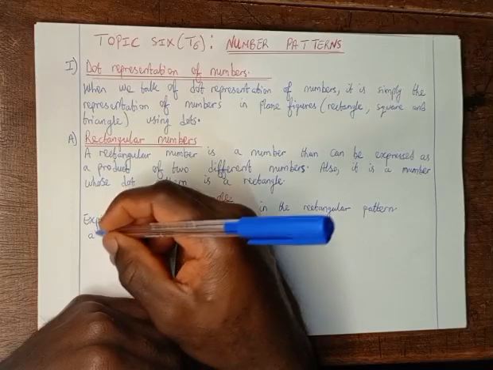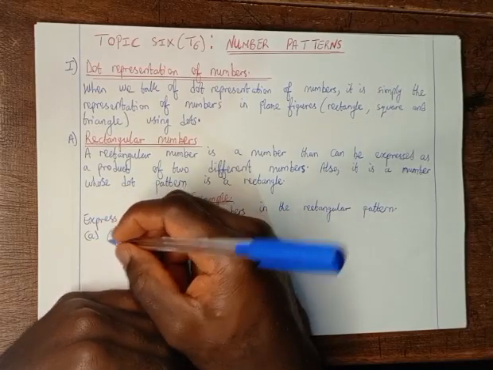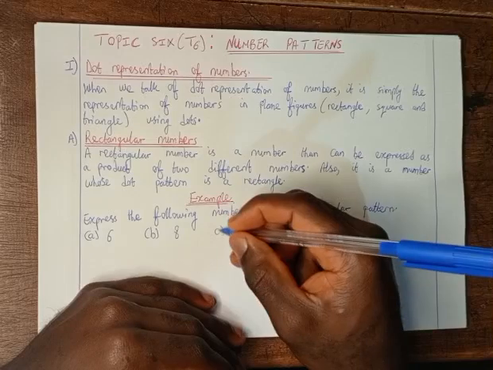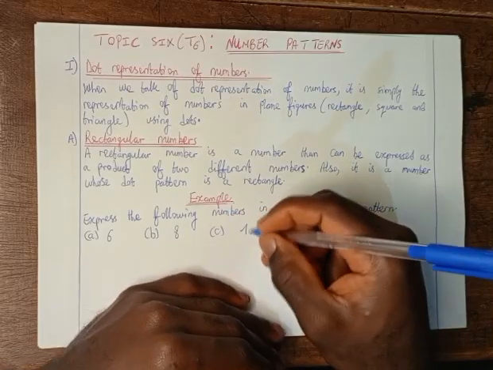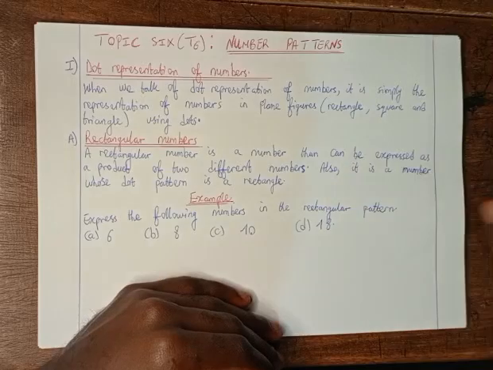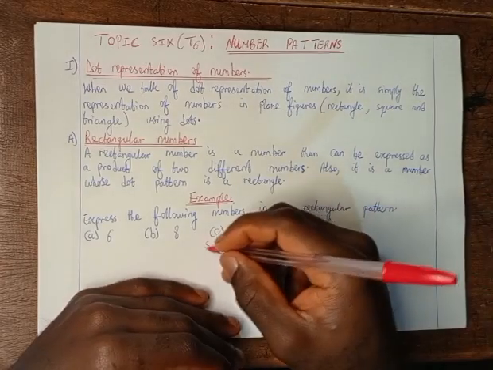For A we have the number 6, for B we have the number 8, C we have the number 10, and lastly D we have the number 18. We take now the solution.